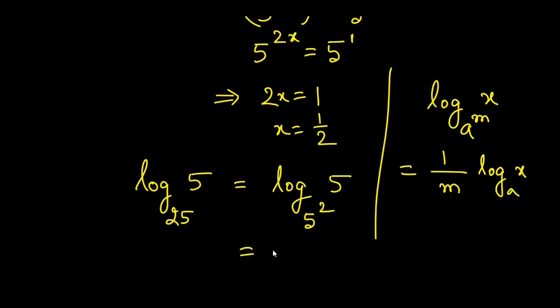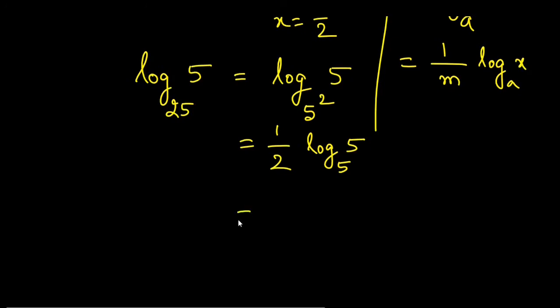With this we get 1 by 2 log of 5 to the base 5, but log of 5 to the base 5 is 1. So 1 by 2 into 1 is 1 by 2.